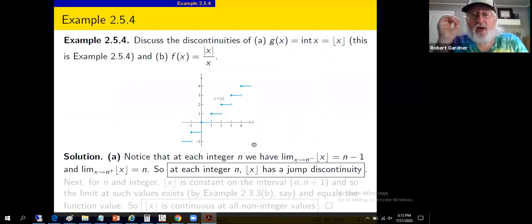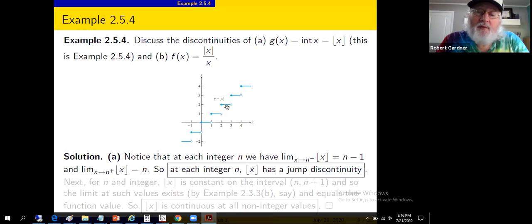What's up in terms of continuity? Well, if you look at a limit from the left and the right at each integer value, that's where these little gaps are. If we take a limit, say for n an integer, as x approaches n from the negative side, if n equals 3, I'd be taking x values close to 3 and less than 3.